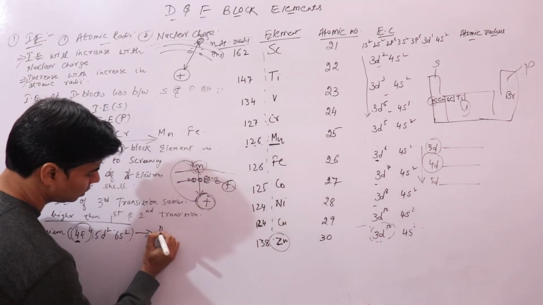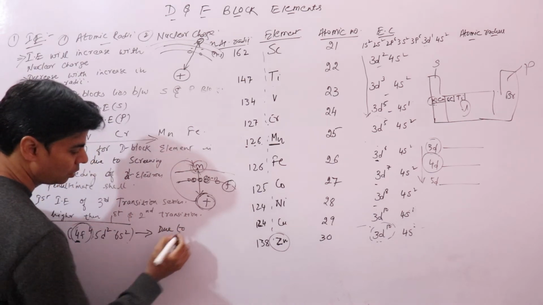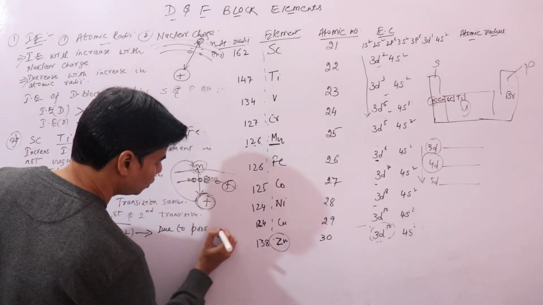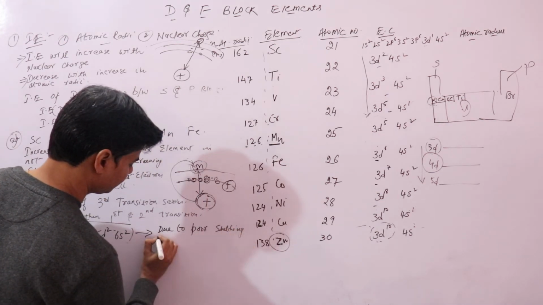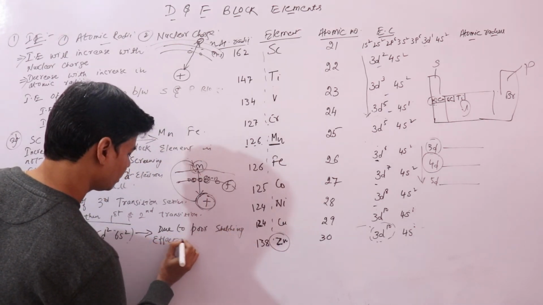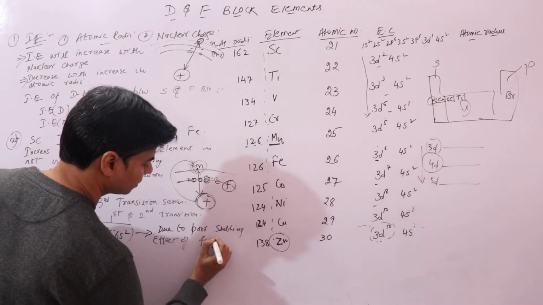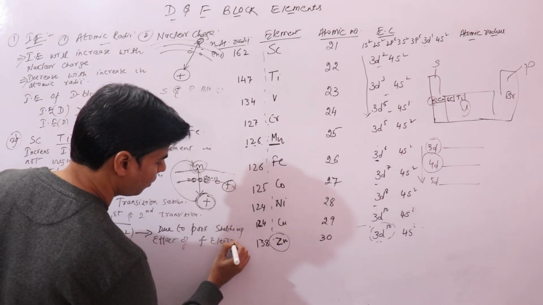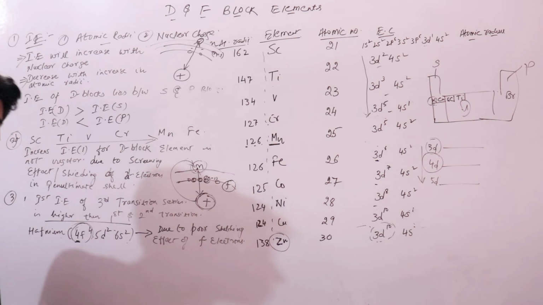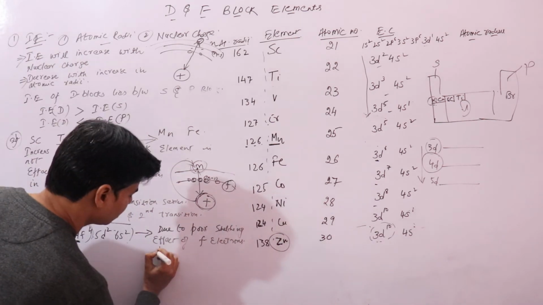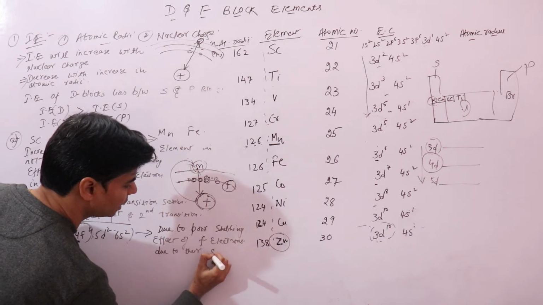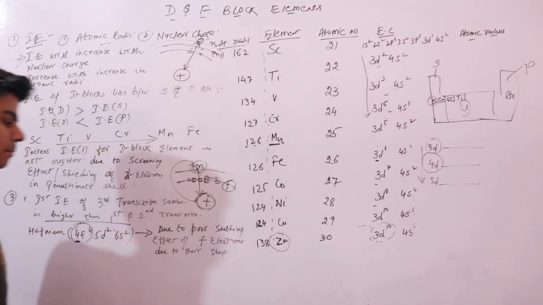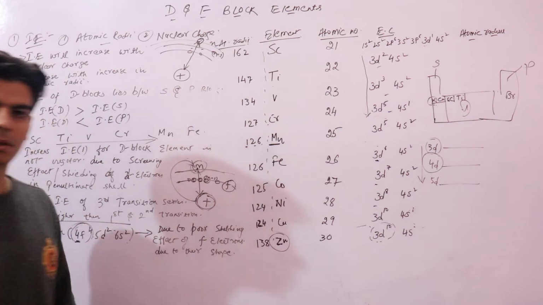So this is due to poor shielding or screening effect of f electrons, and why? Due to their shape. Right? I hope this is clear.